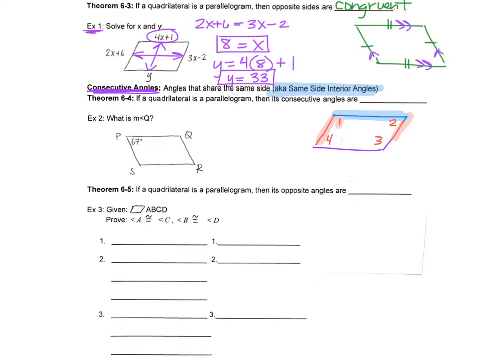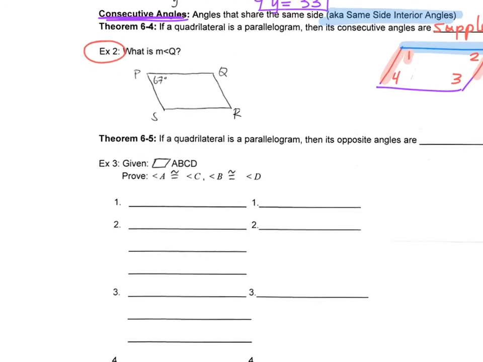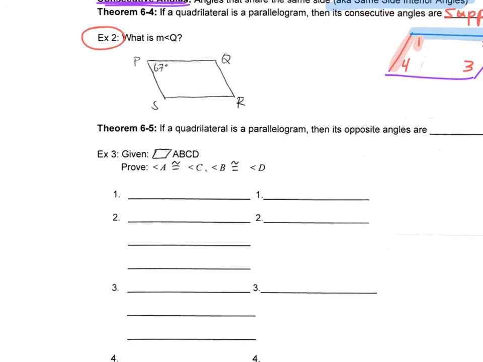Because they're same side interior angles. Same side interiors are supplementary. Back to chapter 3 there, huh? So if that's the case, in example 2 here, we want to find the measure of angle Q. What would you do?